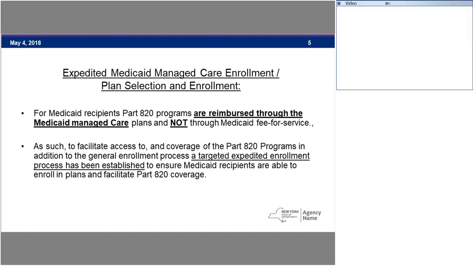There's a general enrollment process that will apply for most individuals receiving services in the 820 program. However, there's also a newly developed targeted expedited enrollment process for those individuals who are coming to the program at a particular time in the month, to facilitate getting them into a managed care company in a more expedited fashion. So Ben, let me shift to you.